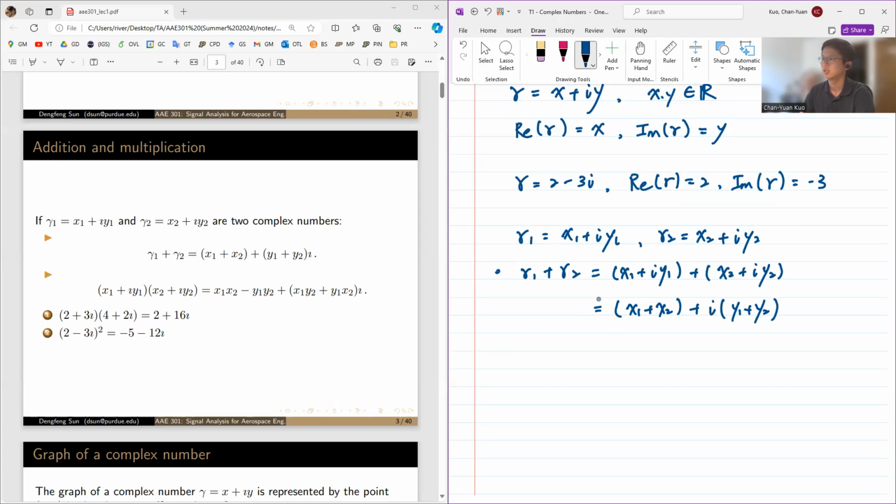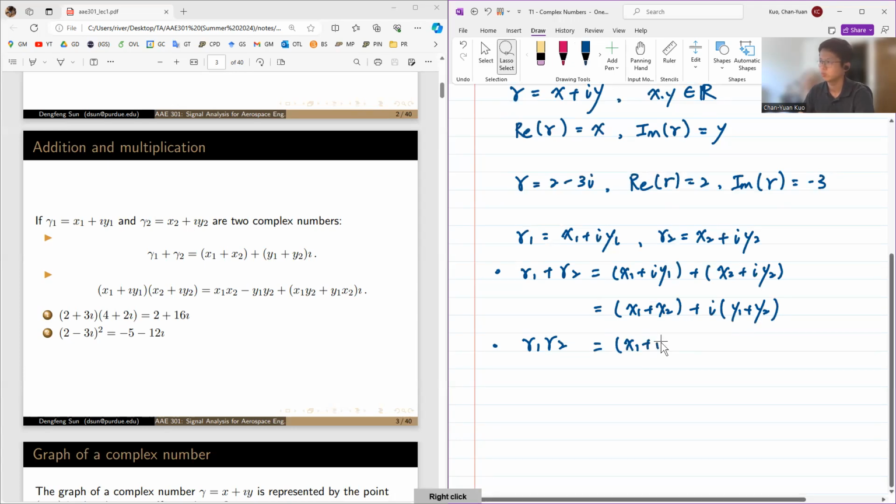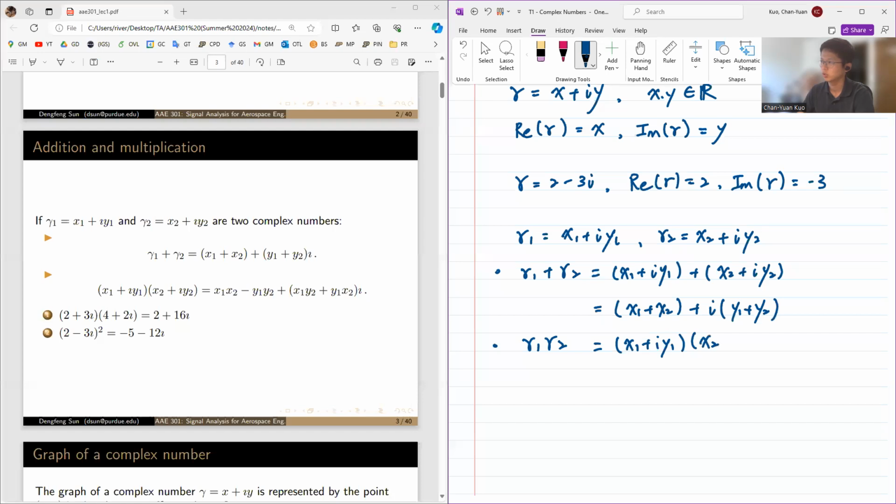Great. And now let's look at how we do multiplication on these two complex numbers. So the product of gamma 1 and gamma 2 will be x1 plus i y1 times x2 plus i y2.